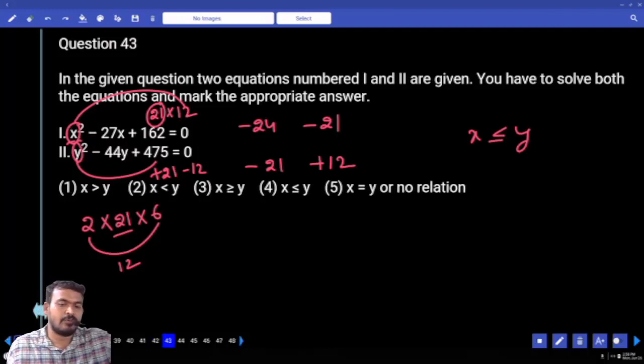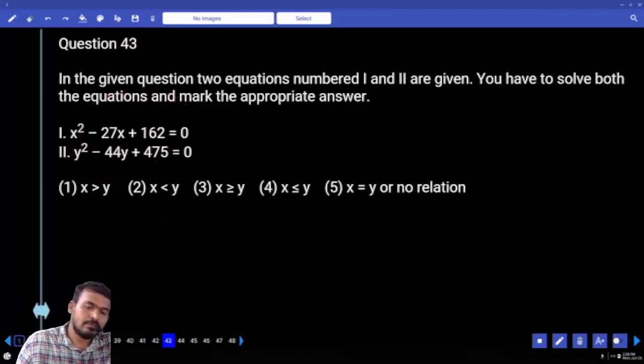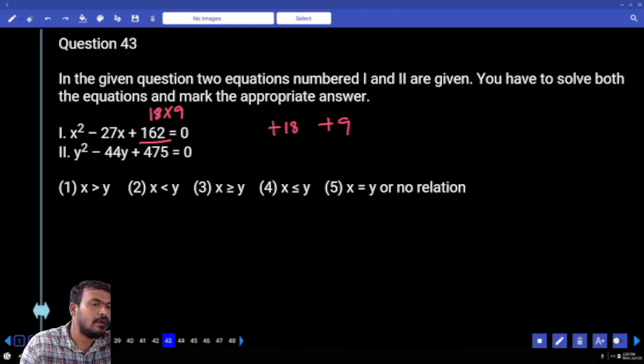Next question number 43. What is the first equation product value? 162. That is written as 18 into 9. Okay. What are the final roots? Plus 18, plus 9. Next 475. That is exactly divisible by 25.